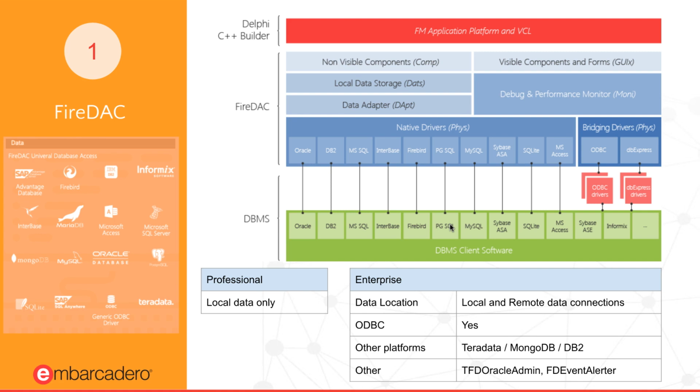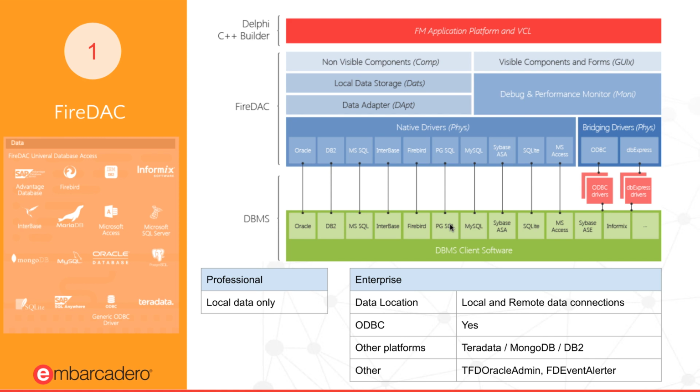The Enterprise Edition also brings in the ODBC driver. The ODBC driver allows you to connect up to multiple different data sources along with the standard ones that are included. So that includes Advantage Database, Firebird, IBM DB2, Informix, InterBase, MariaDB, Access, Microsoft SQL Server, MongoDB is then added as well as the DB2 within the Enterprise Edition.